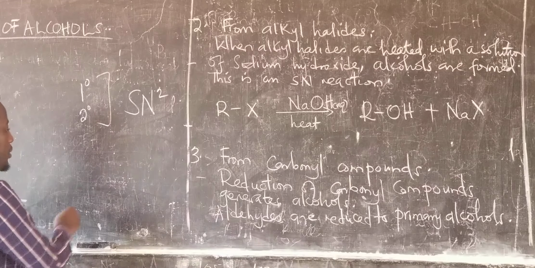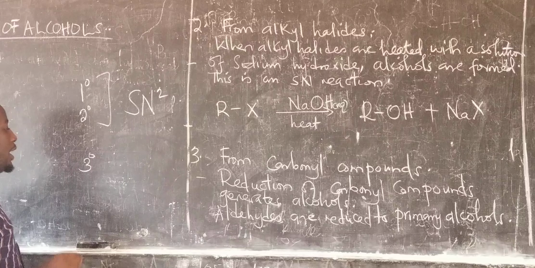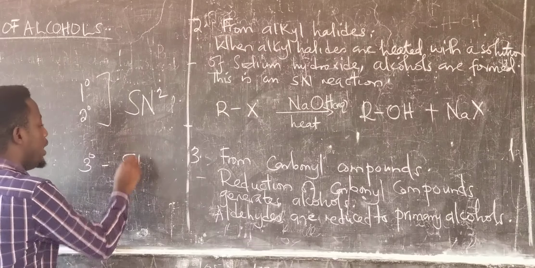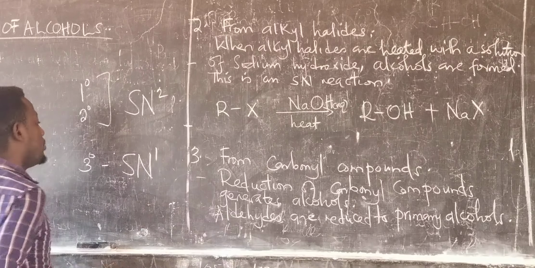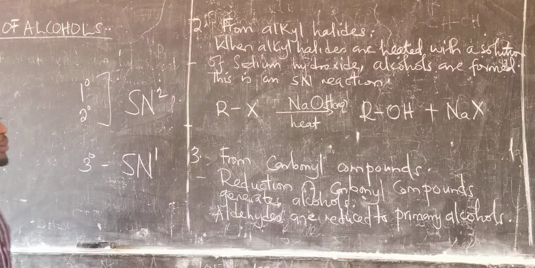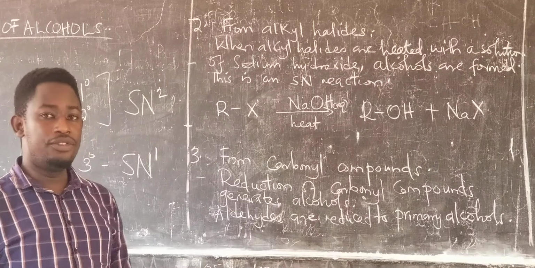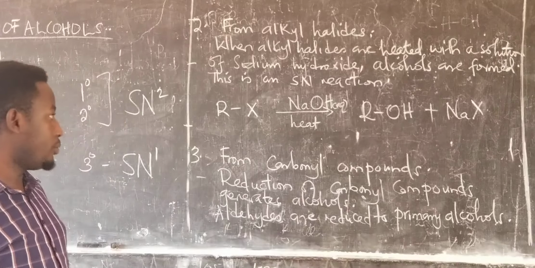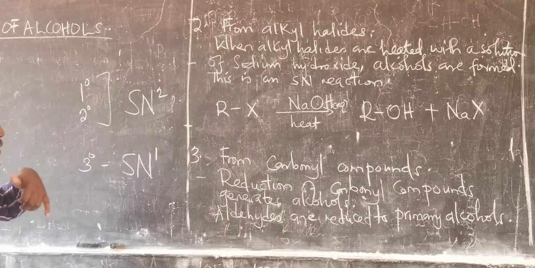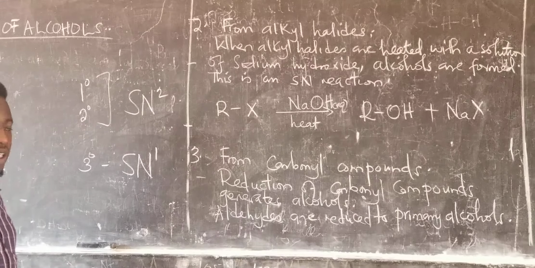And if it is a tertiary alkyl halide, this one will undergo nucleophilic substitution, unimolecular reaction. If you want to refer to this kind of reactivity, please go back and check our notes.